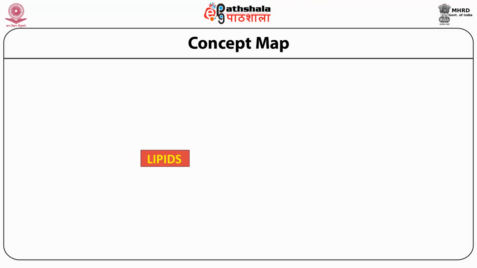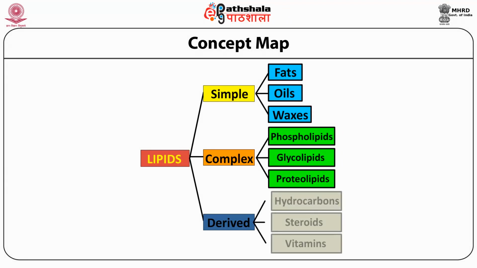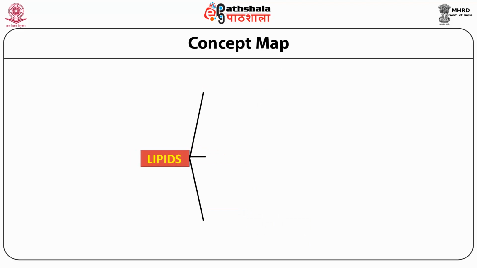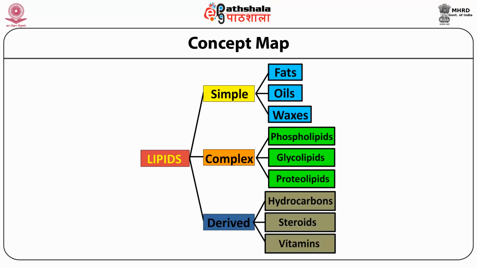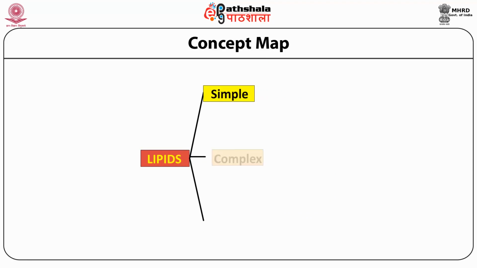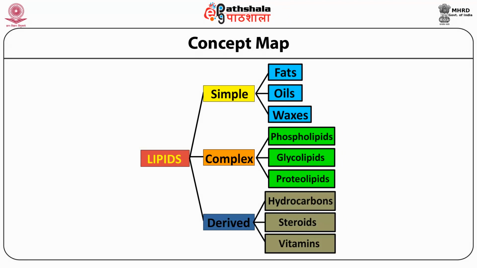Phospholipids are phosphorus-containing lipids, whereas glycolipids are lipids containing saccharides or carbohydrates. When lipids are amalgamated with proteins, it forms a complex mixture of lipids which is called proteolipids.